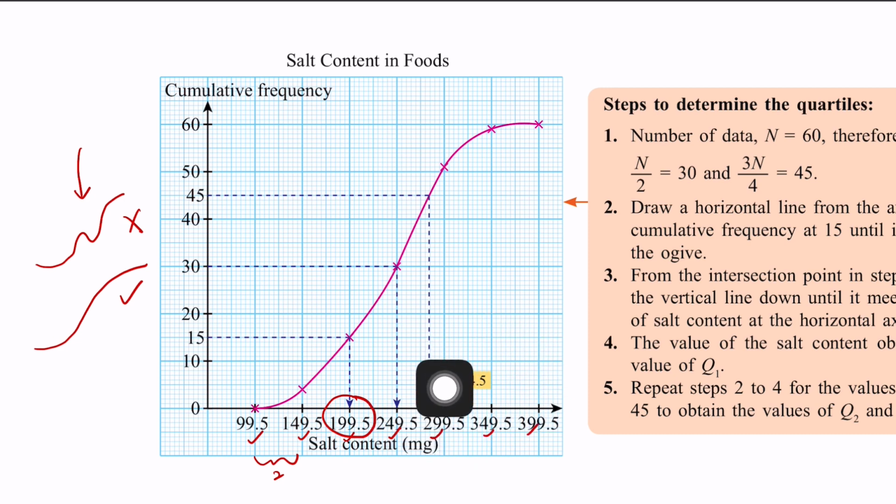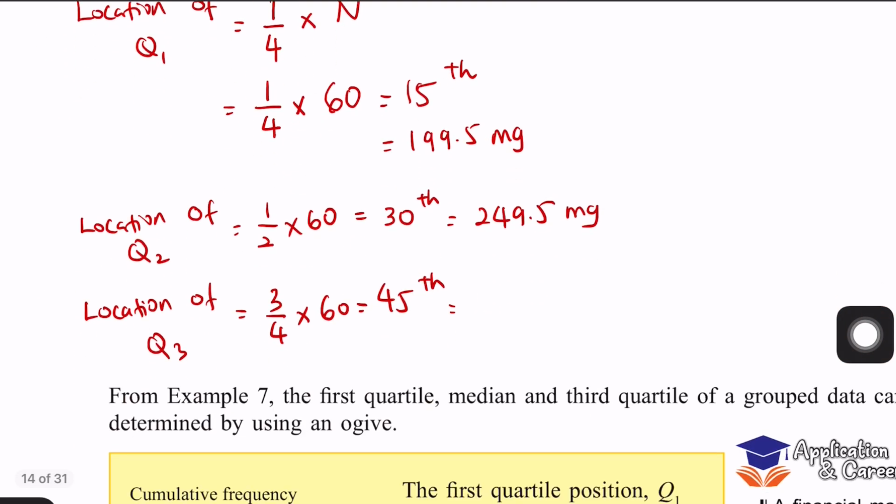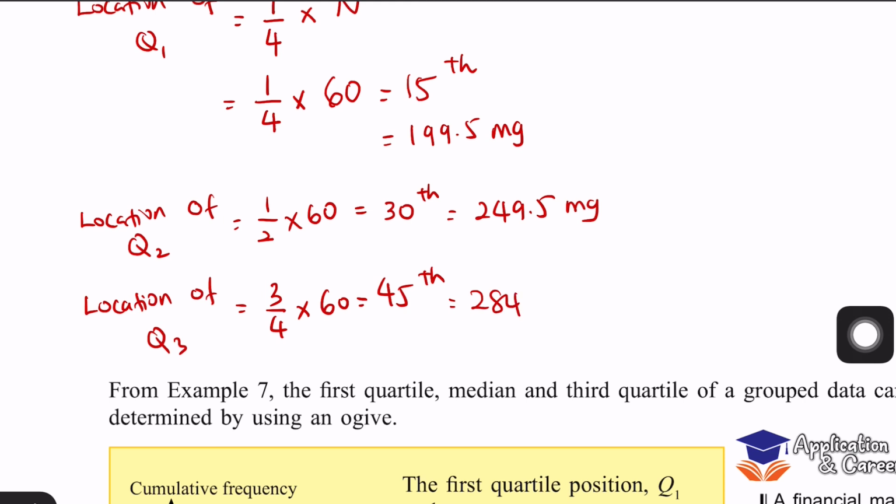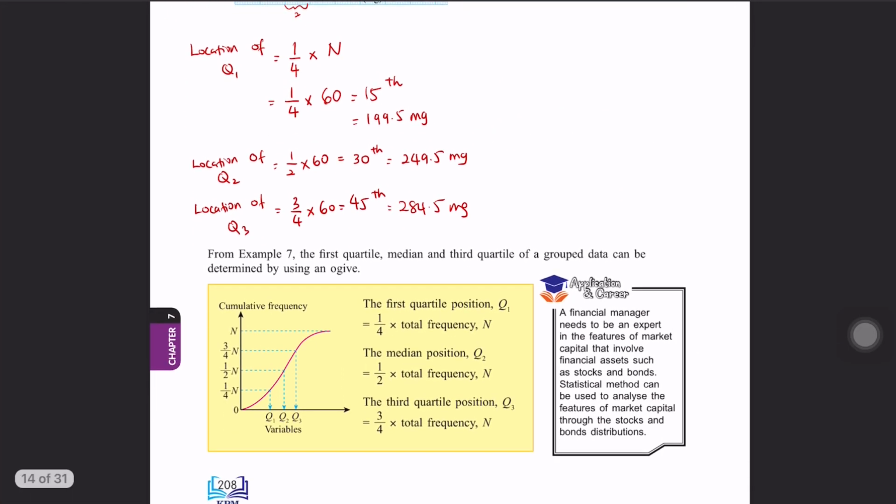Dapat 284.5 milligram. So itu adalah kita punya third quartile. Boleh? Ni dia dah rumuskan untuk awak. Okay. So what is first quartile, what is second quartile, what is third quartile from an ogive.